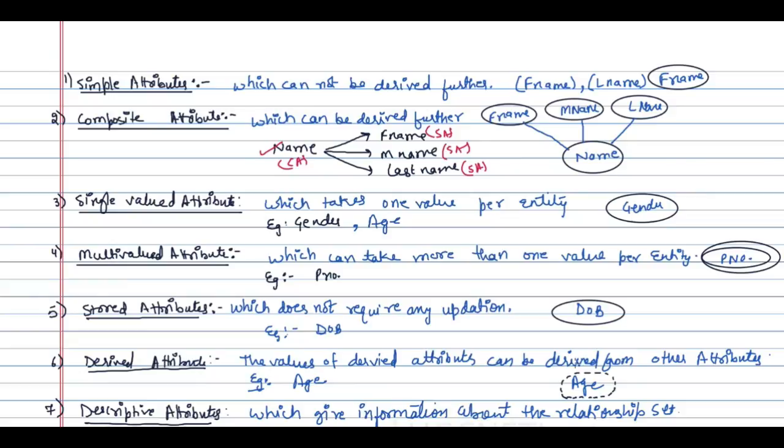And I told you we have something called complex attributes. What are complex attributes? These are attributes which are a collection of both multi-valued as well as composite attributes.